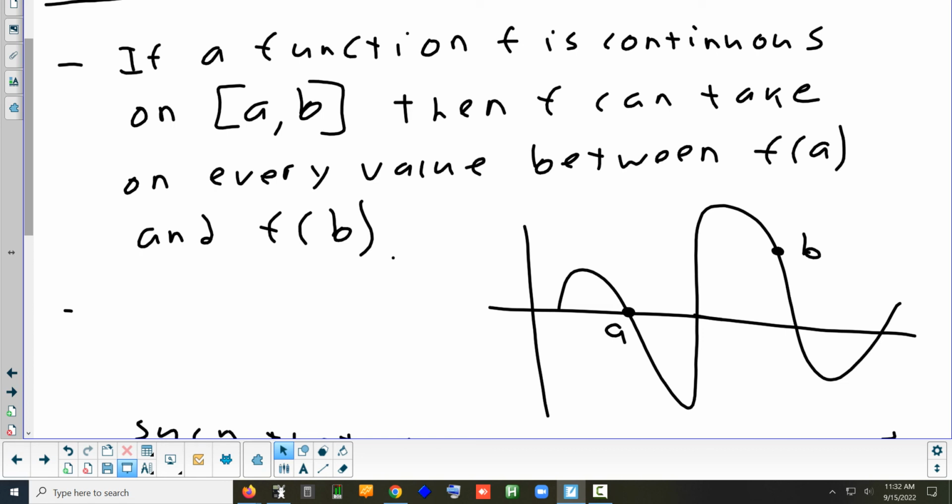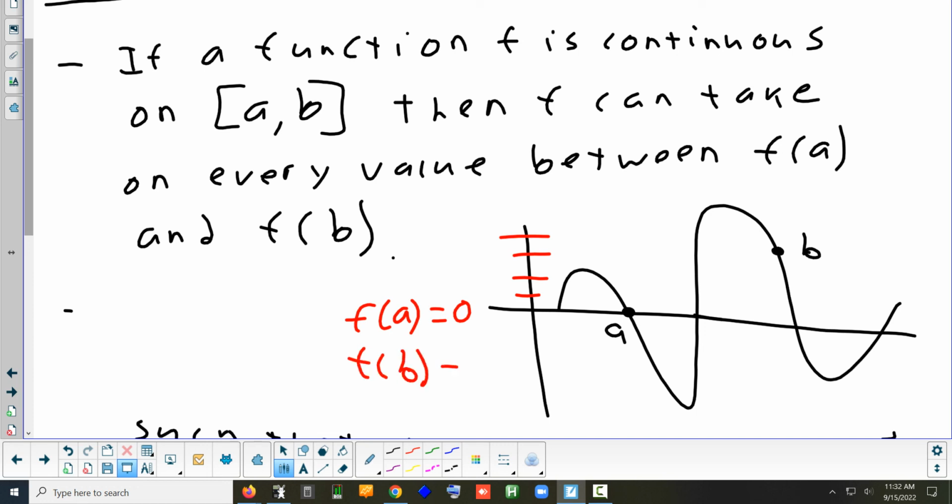So what I'm saying is that if I make up numbers, let's say that A has a y value of 0, because it looks like A is right on the x-axis. And let's say B had a y value of, I don't know, 4. I'm starting at a y value of 0.